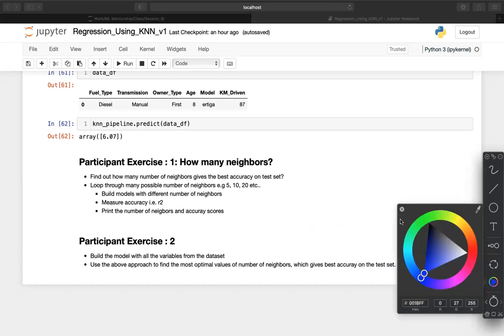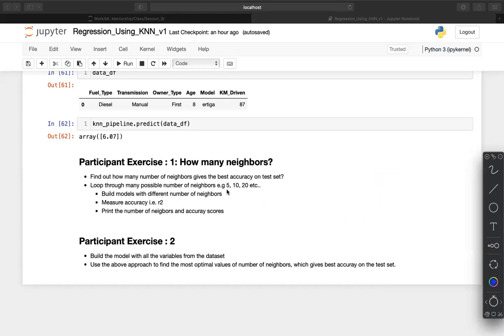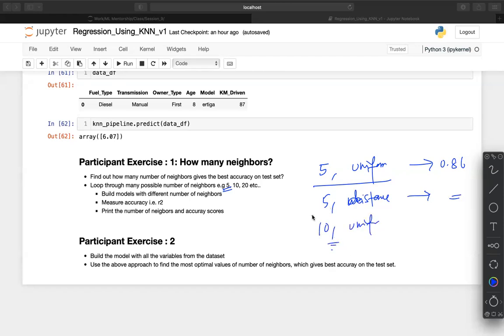You can also alternate: 5 neighbors with uniform, a simple average calculation, what is the accuracy? 5 with distance, a weighted average calculation, what's the accuracy? Then 10 uniform, and so on and so forth. Then you can see which combination of these two parameters gives you the best accuracy. That will be a wonderful exercise for you to do.